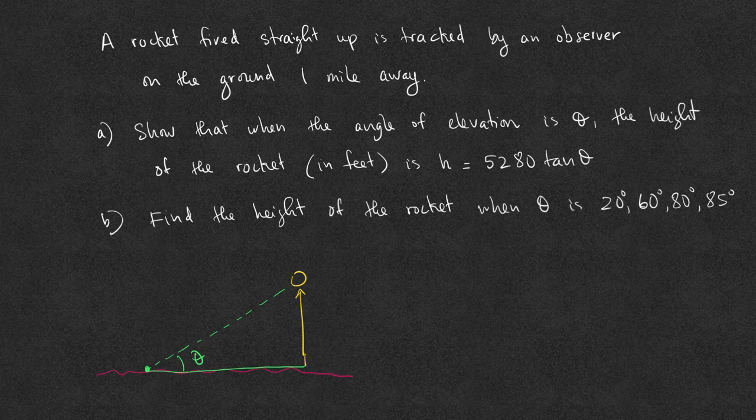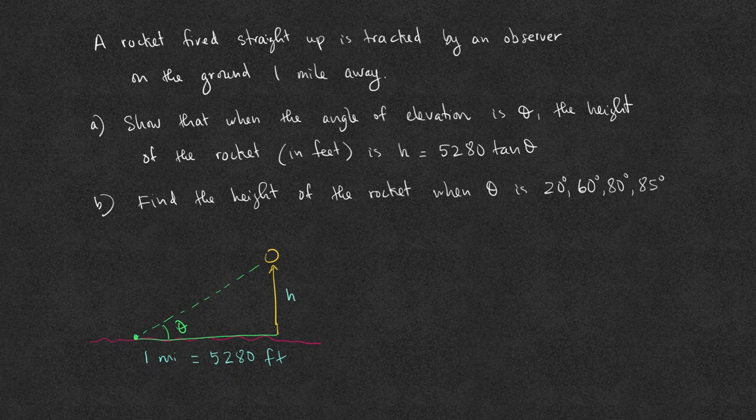From the right triangle in the diagram, we see that if we label h as the height of the rocket, the horizontal distance from the observer to the rocket launch is 1 mile, but 1 mile is equivalent to 5,280 feet.